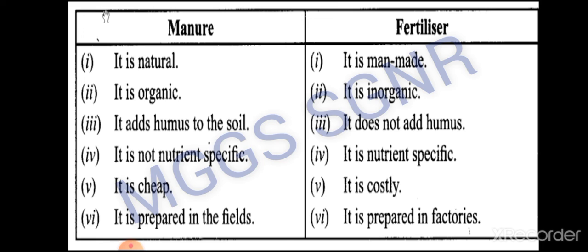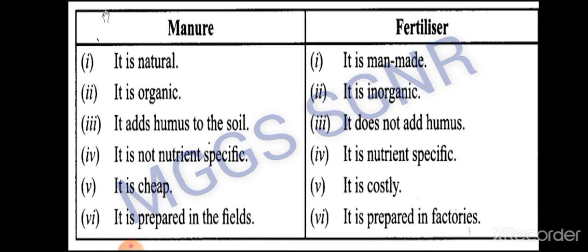Manure is not nutrient specific. Fertilizers are nutrient specific. What is meant by nutrient specific? Because we are getting the manure from biodegradable waste material or cow dung, which is a natural material, and manure is prepared by their decomposition in a natural way.